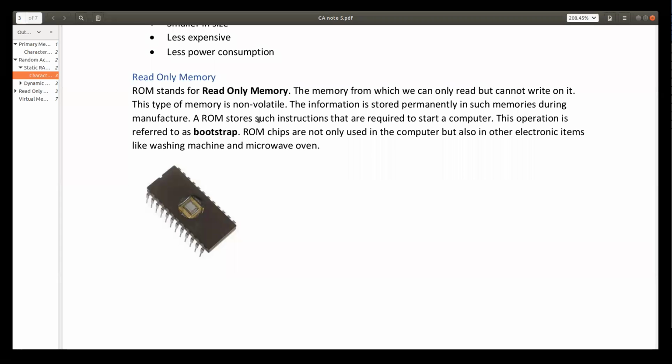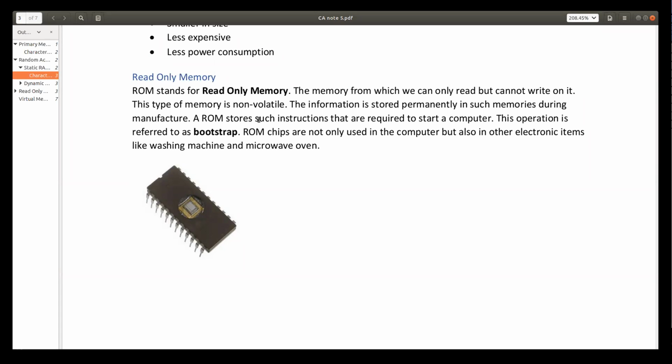So we can say ROM has a very vital role in booting, that means in starting up our computer. This particular set of instructions is known as bootstrap, which is written in the ROM.